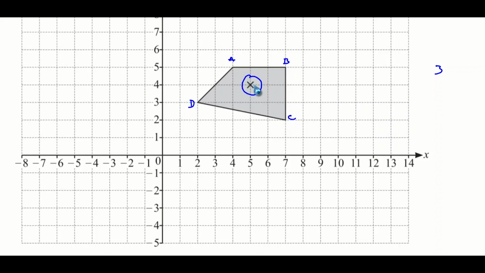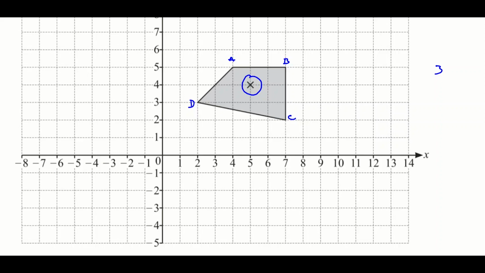From the center of enlargement, which is this point, let's count the steps to each of the vertices. So let's start with A. From the center of enlargement, you go up once, then you come to the left once. So that is one like this and one like this. So the order is very important.